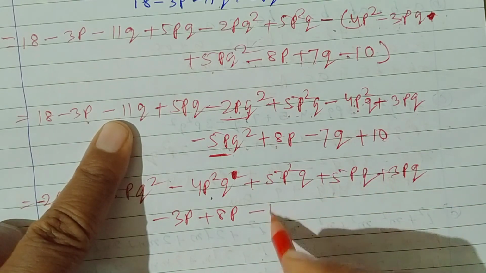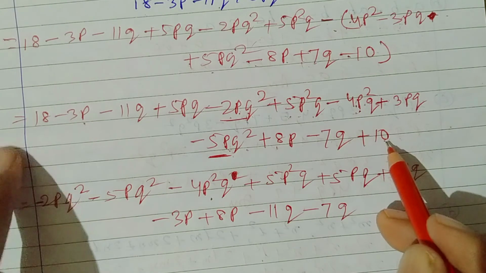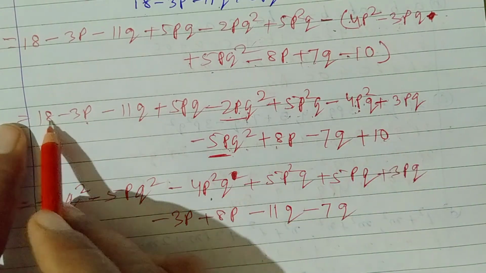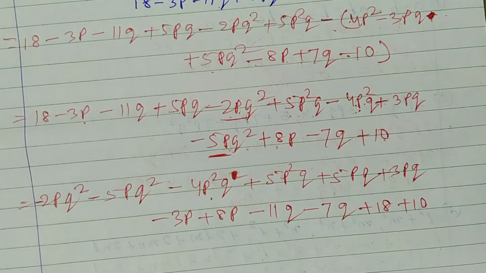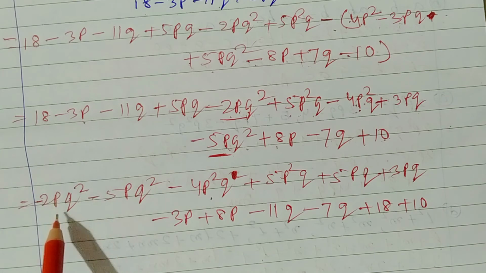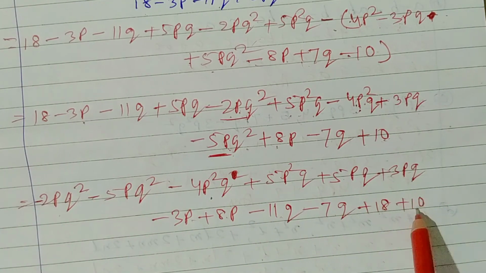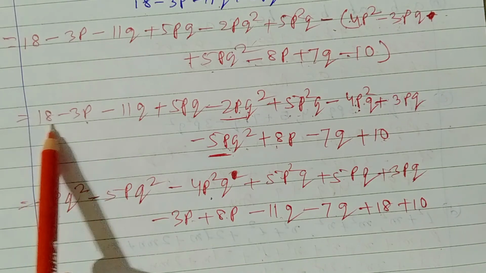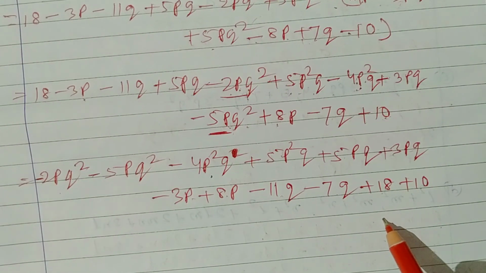Minus 11q minus 7q. After that numbers: 18 plus 10. After writing we can count all the terms. 1, 2, 3, 4, 5, 6, 7, 8, 9, 10, 11, 12. Here also 12, so it is the same. This way you can check that you have written all terms.